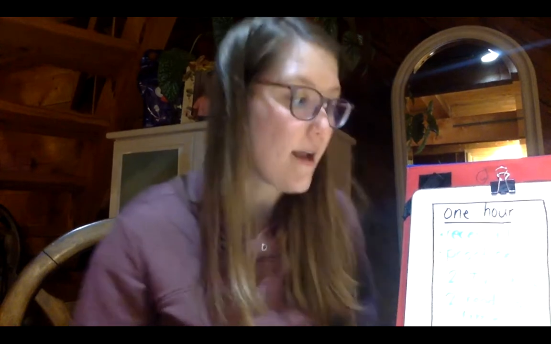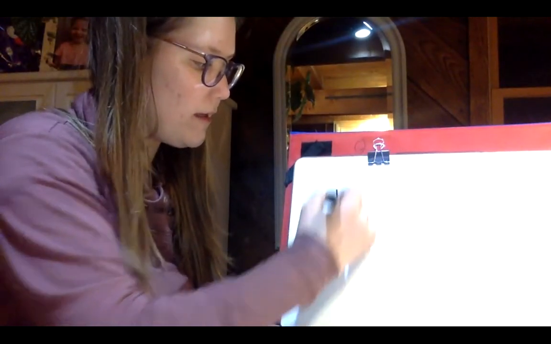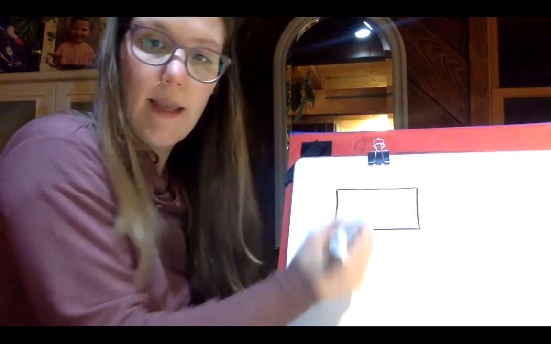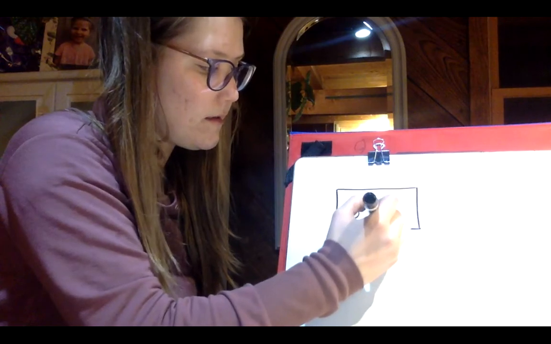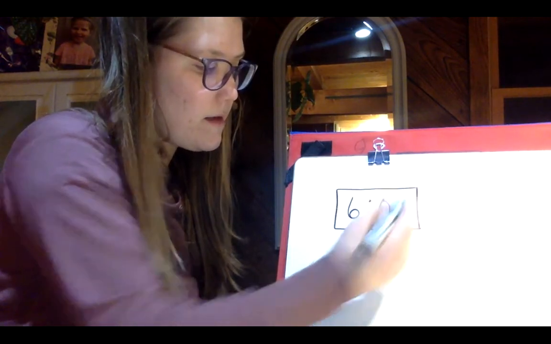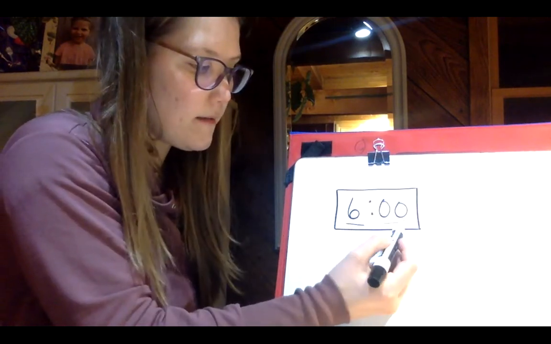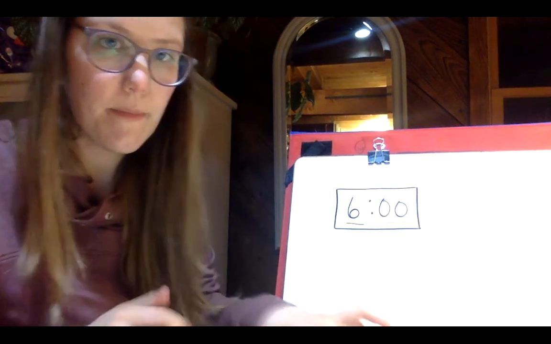A digital clock has 2 numbers, and usually a rectangle type shape. And there will be, if it's 6 o'clock, there will be an hour, and then a colon, and minutes. And that's what a digital clock looks like.